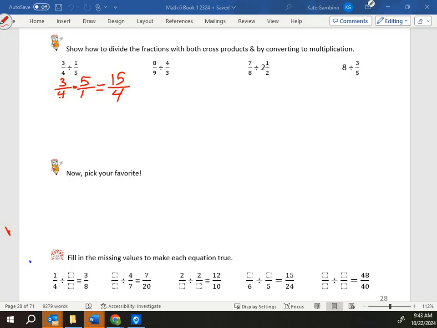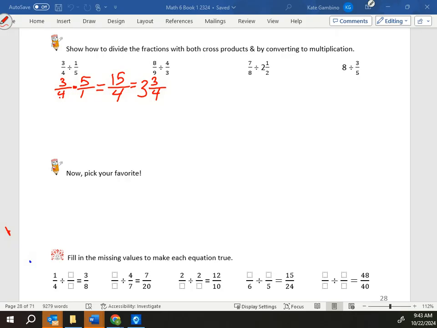You can choose to leave it an improper fraction, or you can choose to turn it into a mixed number. On the test, I will accept either way, improper or mixed number. If we turn that into a mixed number, 4 goes into 15 3 times, and there is 3 left over. That denominator stays the same.